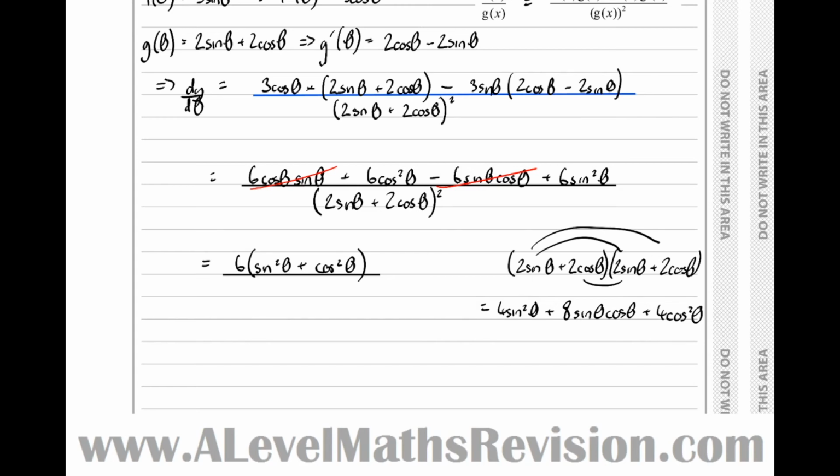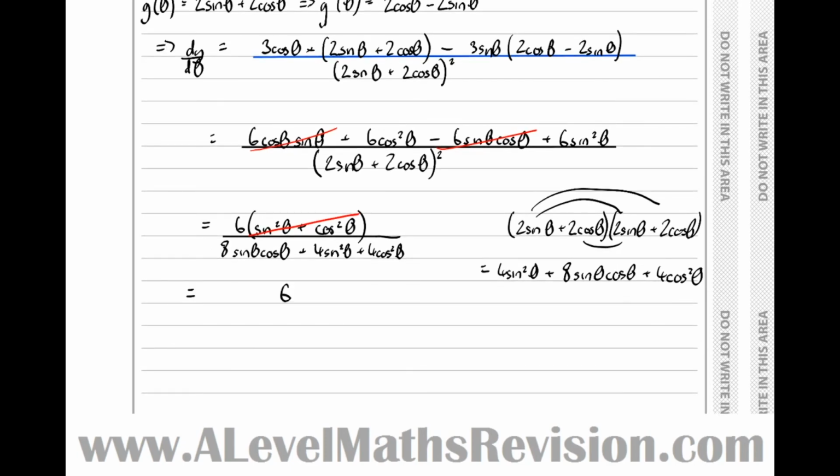So on the bottom, we've got 8 sine theta cos theta plus 4 sine squared theta plus 4 cos squared theta. It's fine to cross that out because that's equal to 1. So equals 6 all over, and really spell out what that equals.